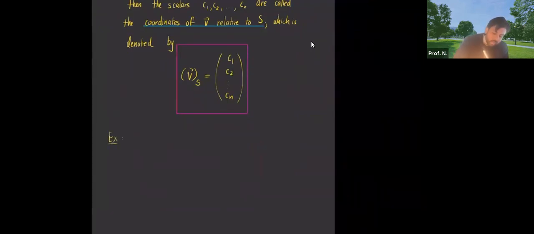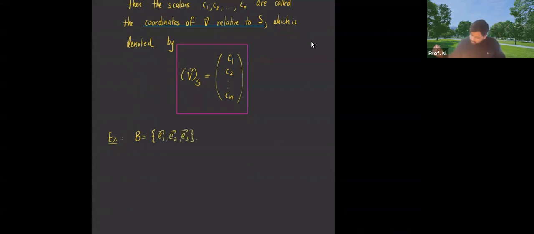Example: when we talk about the basis e1, e2, e3, and I have a vector v, call it (5, negative 1, 9).